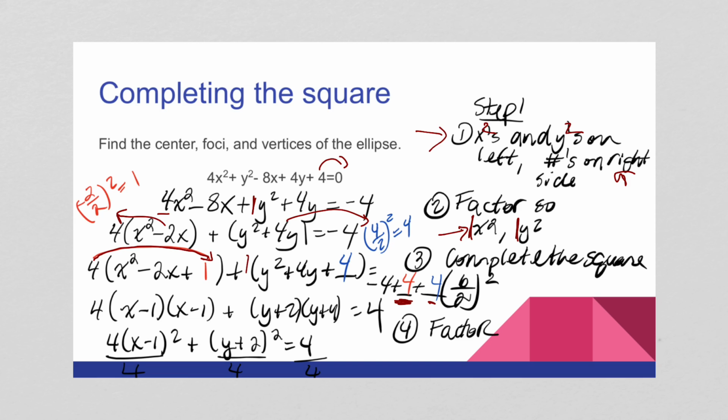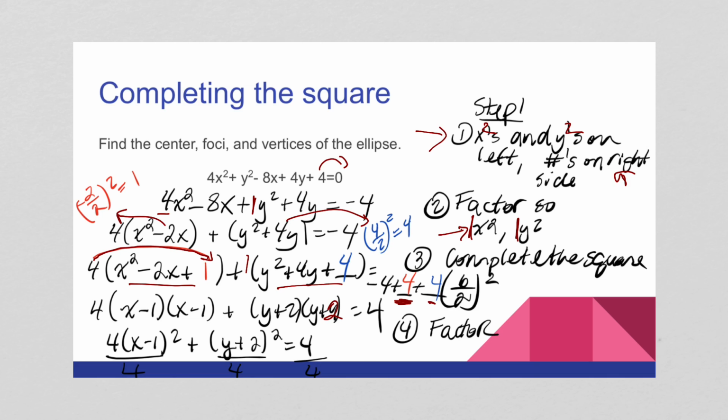All right, once we have that done, then we go ahead and factor our trinomial: x minus 1, x minus 1. y plus 2, y plus 2, that should be. So when I condense it, I have my 4 coming down, (x minus 1) squared. I have 2y plus 2, so it's (y plus 2) squared equals 4.